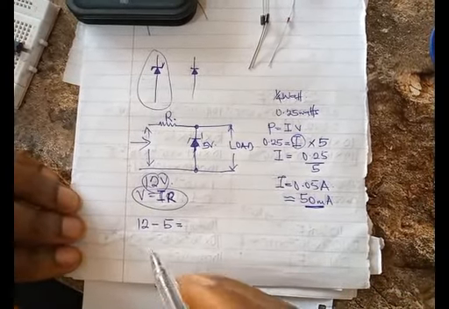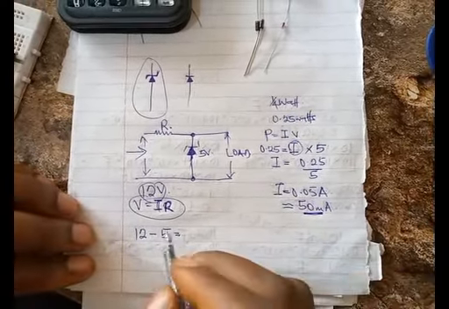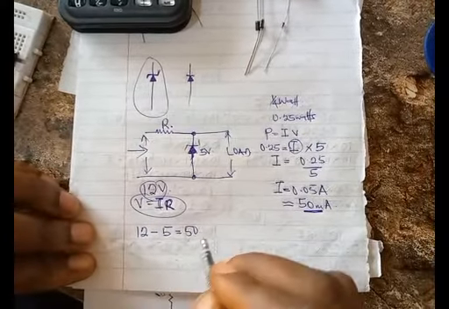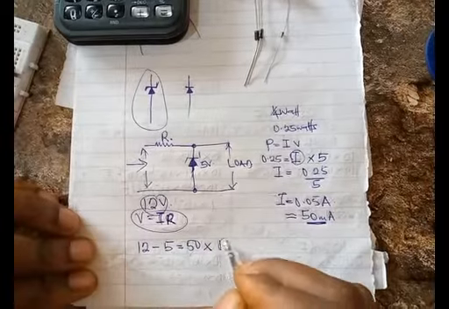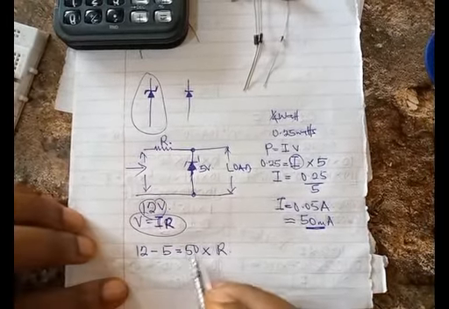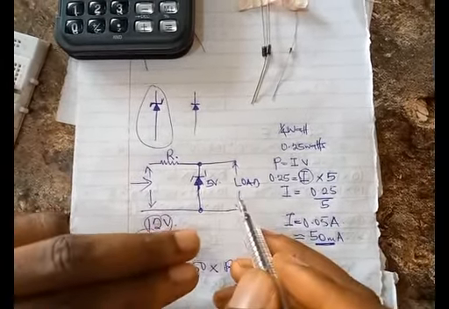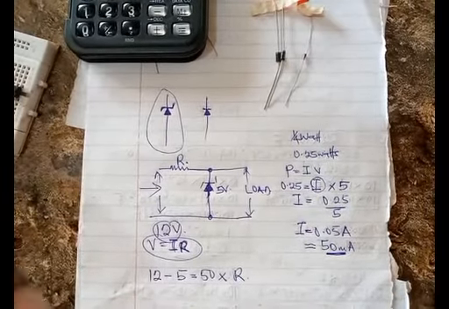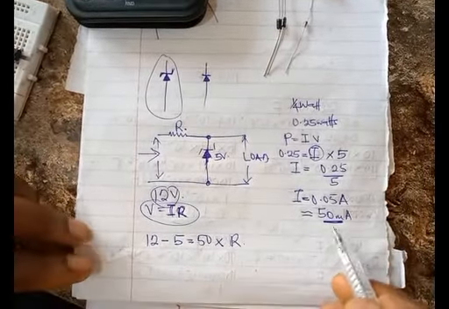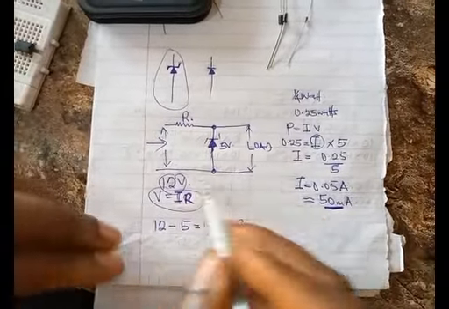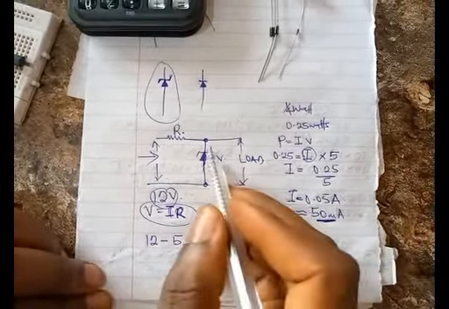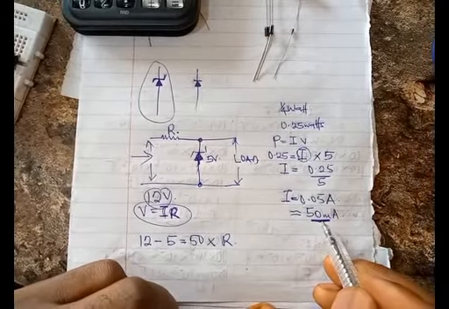So let's say we are giving it 50. Now I'm using 50 because assume it is not loaded. The Zener diode can still keep handling this amount of current for a while. But when it is loaded, the load and the Zener diode would share this current, which is okay.